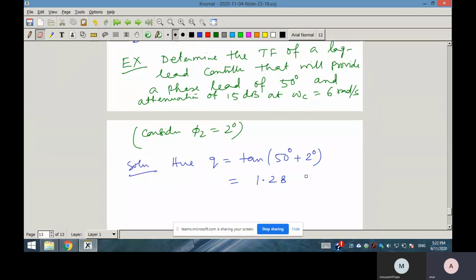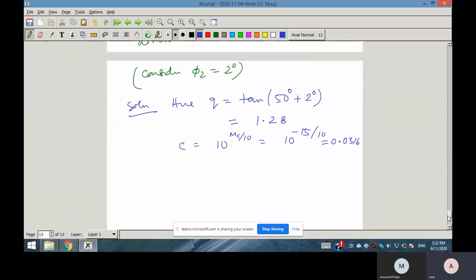So then what is your C? C will be equal to 10 to the power Mc by 10. So that is equal to 10 to the power minus 15 by 10, so this is equal to 0.0316.